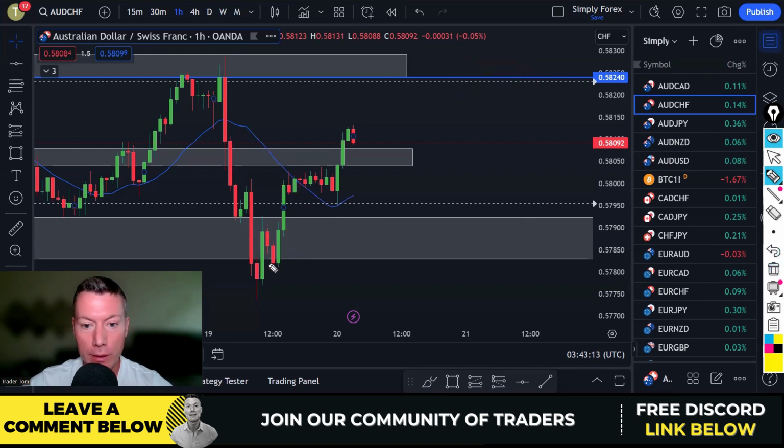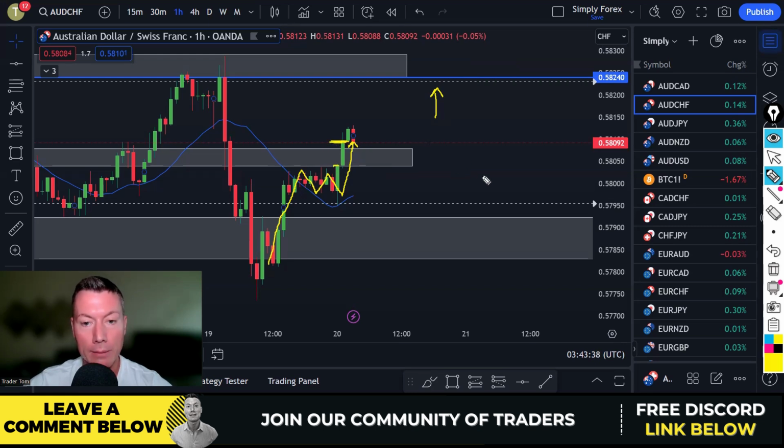But if we just follow this H1 structure on, we get slightly sideways action, but then bang, we get a break. Remember what we need. We need an H1 uptrend. Remember, I'm entering here. I bought here. Arguably, you could have bought there. That did break as well, but I bought here.